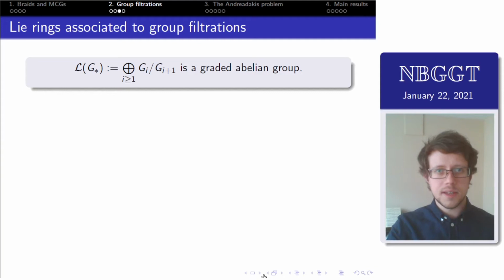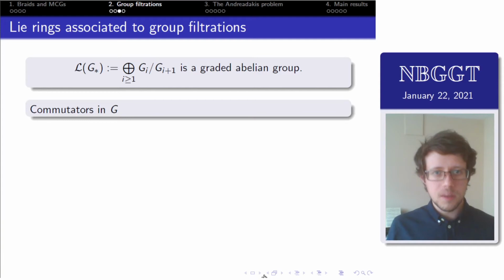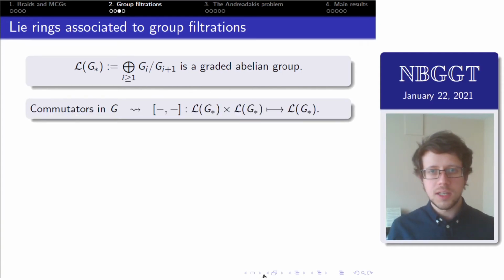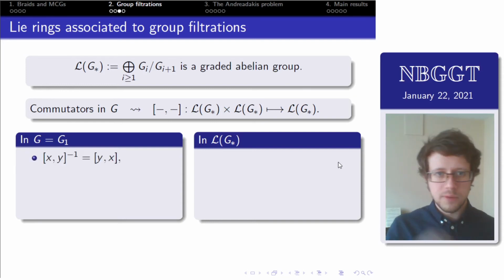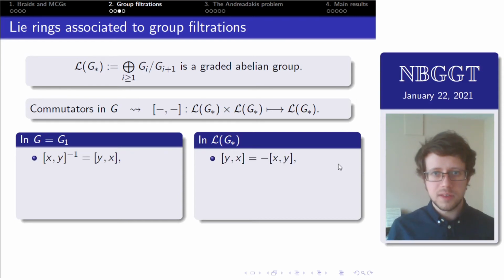So where does the Lie structure come from? It comes from commutators in G. If I take commutators in G, it will give a well-defined graded map going from the product of L to itself with L. And we have formulas in groups giving formulas in the associated graded. For example, we have this formula, which will give you the antisymmetry of this bracket.